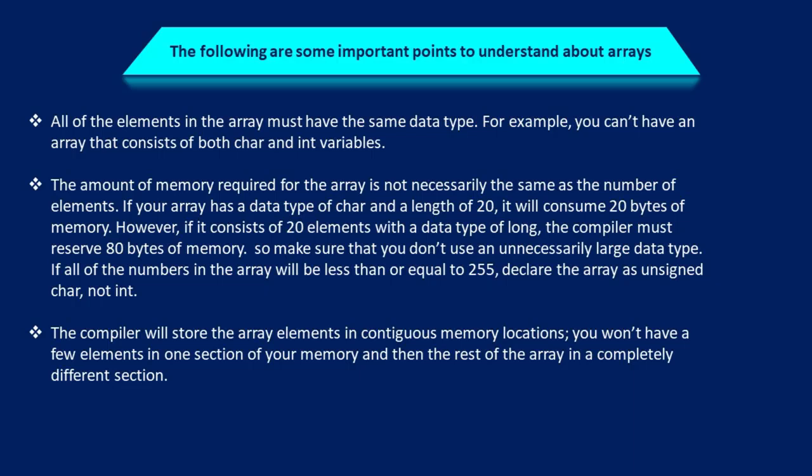So make sure that you don't use an unnecessarily large data type. If all of the numbers in the array will be less than or equal to 255, declare the array as unsigned char, not int. Next point, the compiler will store the array elements in contiguous memory locations. You won't have a few elements in one section of your memory and then the rest somewhere else.